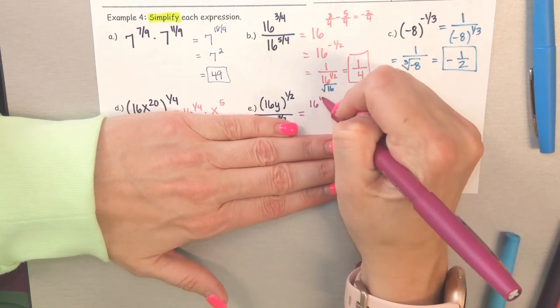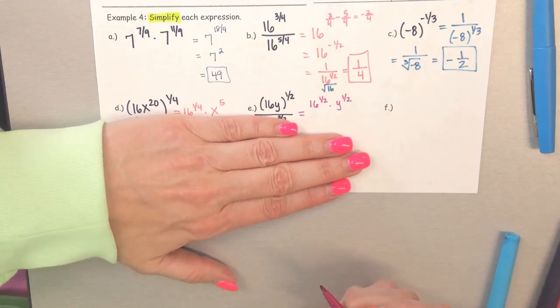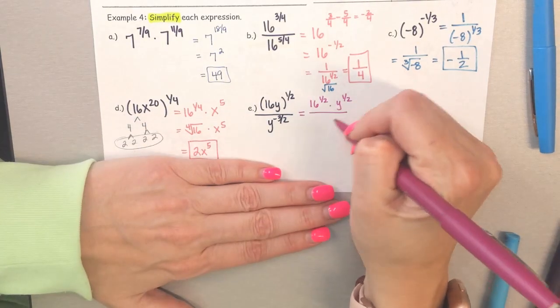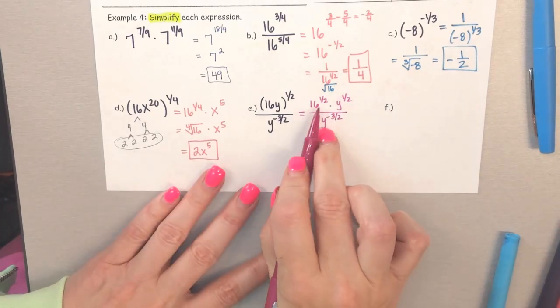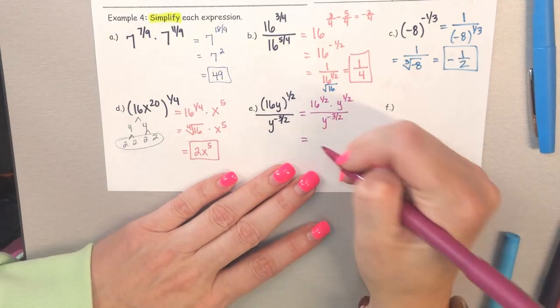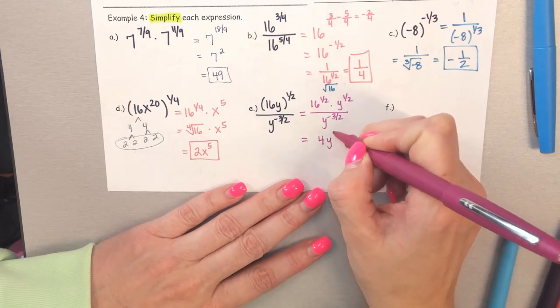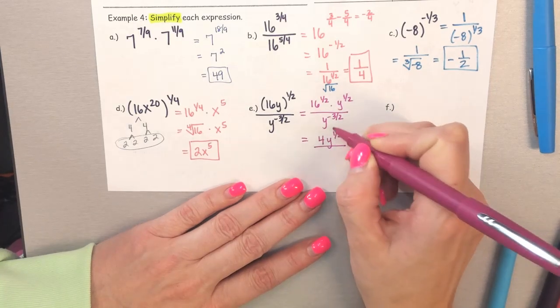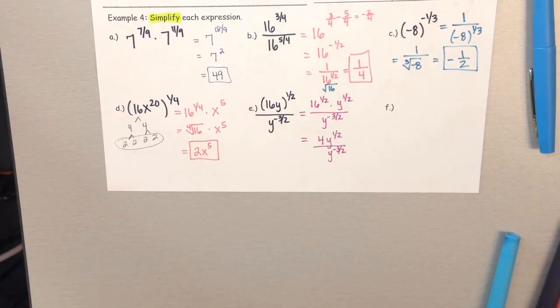I just want to show you what's happening here. We're just going to keep this on the bottom for now. So remember, 16 to the 1/2 is the same thing as taking the what? Square root. So it's just 4y to the 1/2 over y to the -3/2.